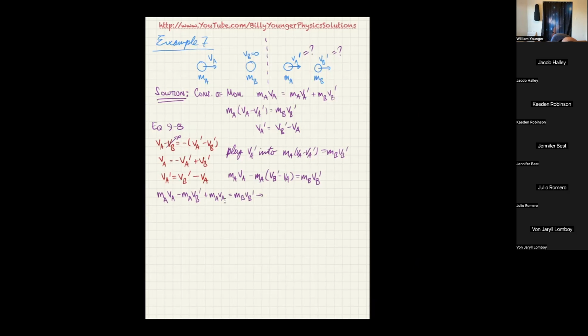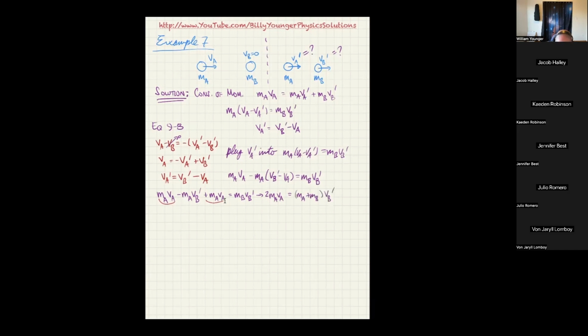The way I'm going to do that is take my MA VA and leave that on the left. And in fact, the MA VA plus the MA VA, those two add to give me 2 MA VA. And then when I pull the MA VB to the right, what I'm going to get is equals MA plus MB times VB prime.